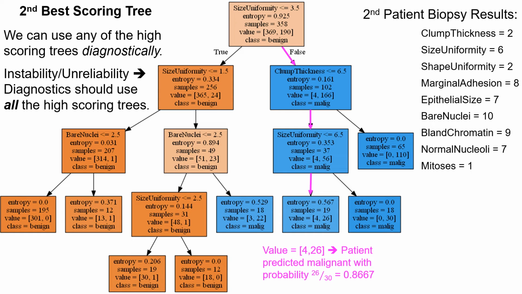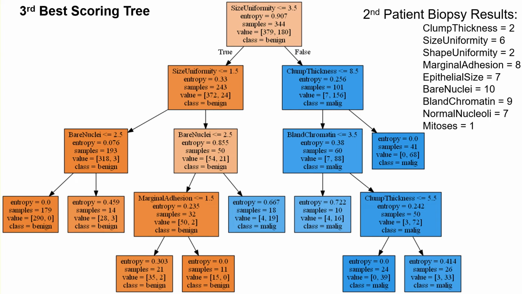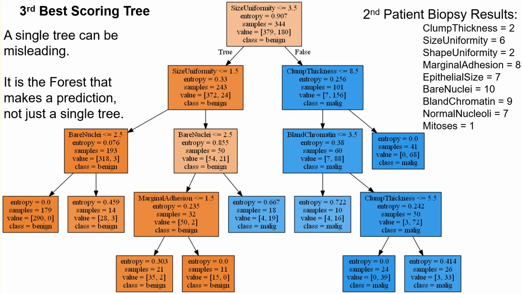So you should use all the high-scoring trees when you use a random forest diagnostically. Here's the third best scoring tree. Okay, so again, you want to use the forest to make a prediction, not just a single tree. So notice, in this case, the patient is predicted malignant with this probability.